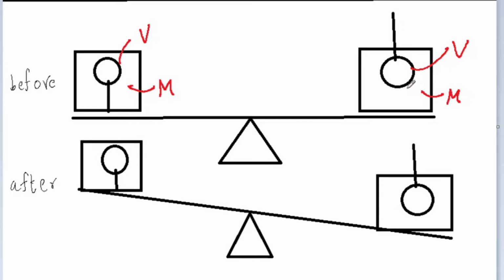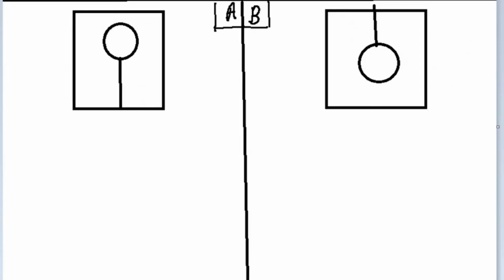So, to understand how one side tilts, we need to analyze both of these systems separately. So first, let's analyze system A. What you can see here is that the ball is trying to float within the liquid, but it's attached by a string.